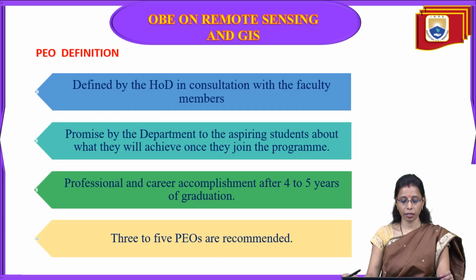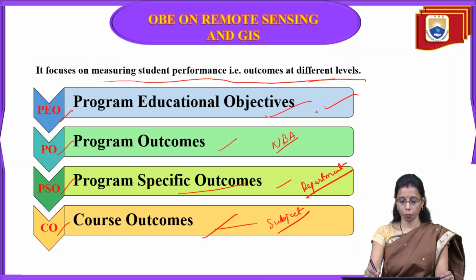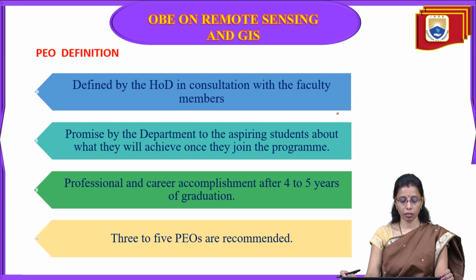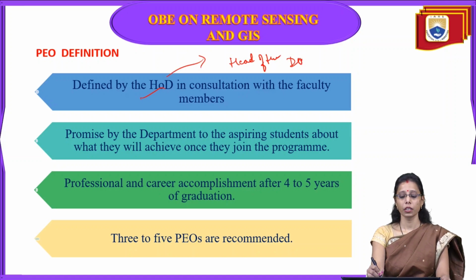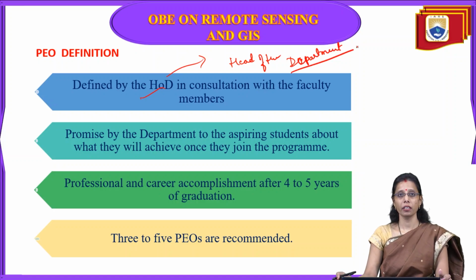First of all, let us understand the PEO definition. This is program educational outcome. This definition is defined by the HOD, the head of the department, in consultation with the faculty members.